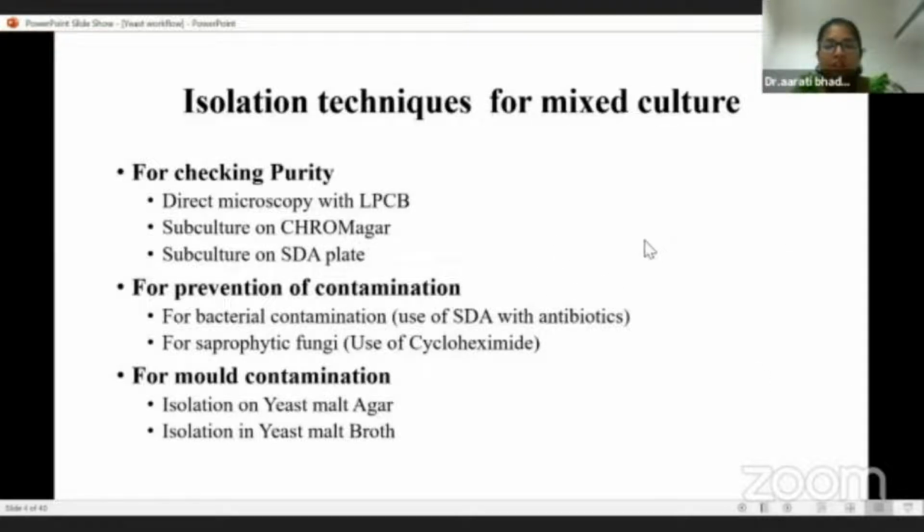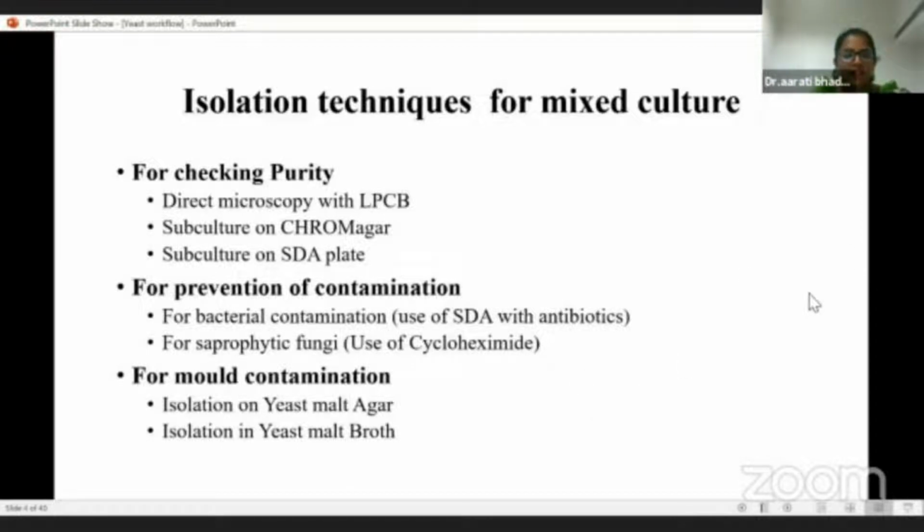We should not get mixed cultures. To prevent contamination, we use antibiotics in the media. For bacterial contamination, we use antibiotics, and for saprophytic fungi prevention, we use cycloheximide.